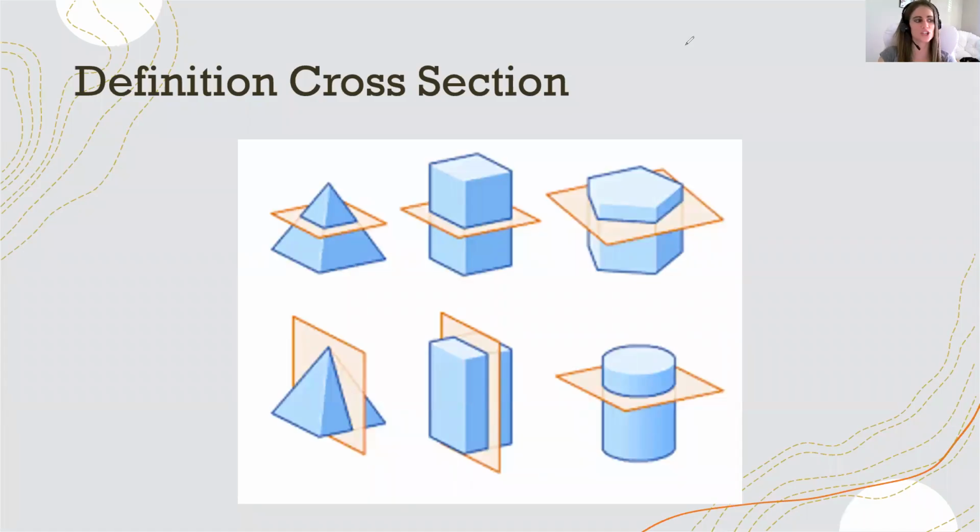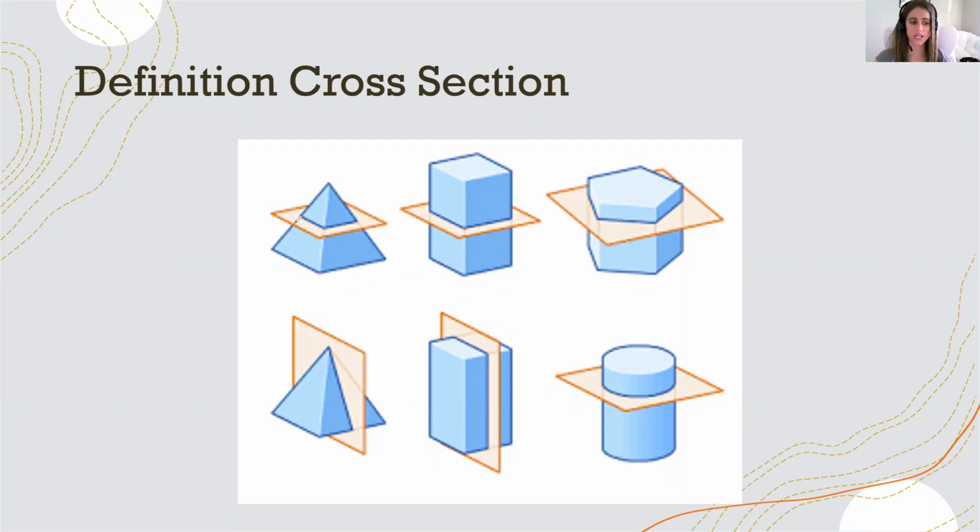All right, let's get into our final section of this Unit 3 review. Cross sections or slice solids, you may also have heard it referred to. That is when we take a 3-dimensional shape and we slice the solid, and then when it opens up, it gives us a cross section where there is a 2-dimensional shape that we can see as our base.